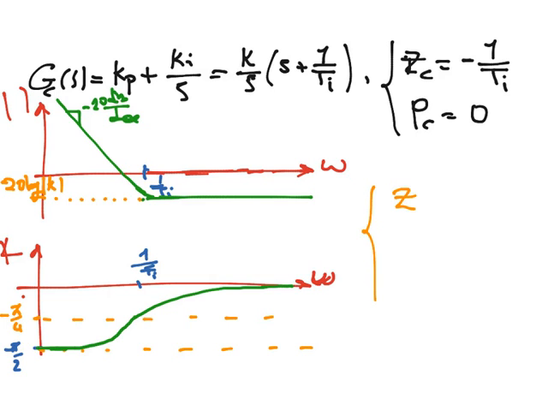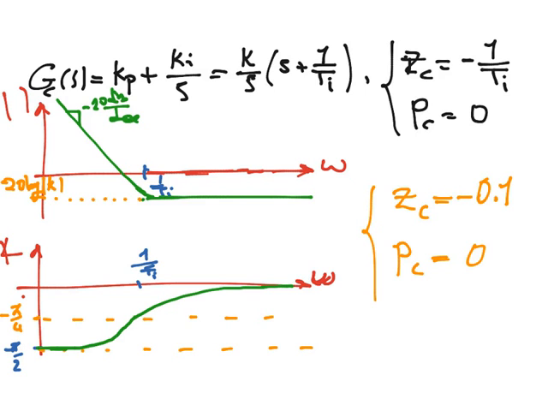So let's say we place the zero of the controller at minus 0.1 and the pole at the origin. We will not affect the high frequency behavior of the system in this case. We will see when we draw the Bode plot of the overall system.